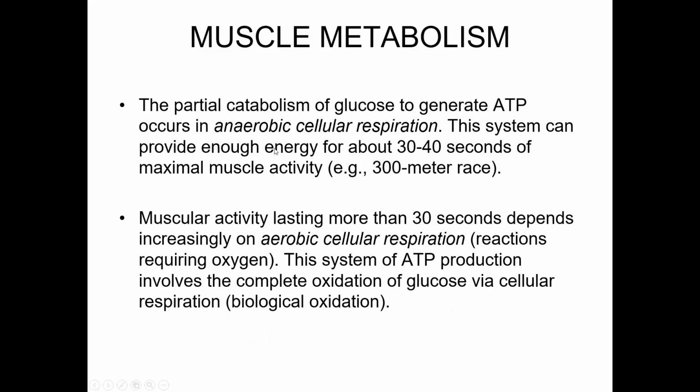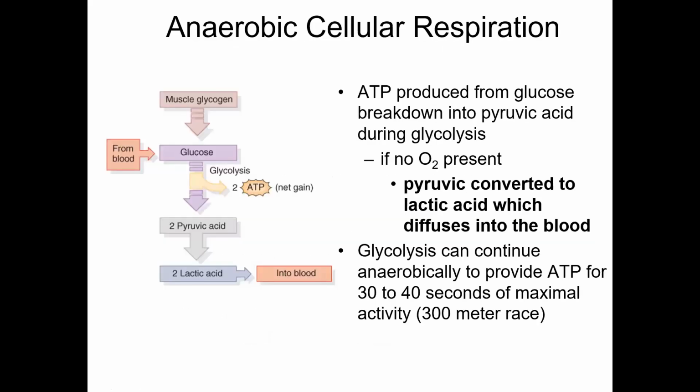We also have 2 sets of chemical reactions, cellular respiration, that provide energy for longer periods of time. Both of these energy producing processes start with glucose. So let's take a look at anaerobic cellular respiration. So glucose is split into smaller byproducts.